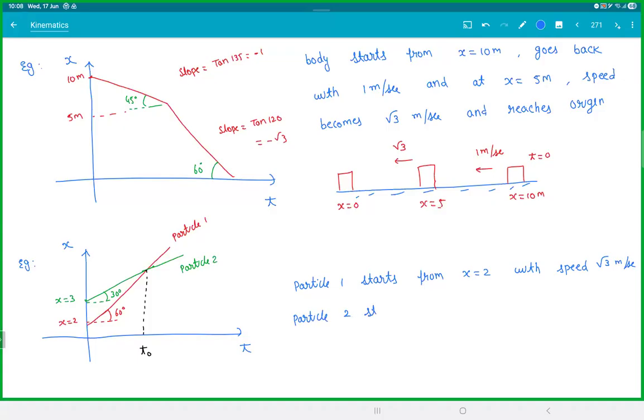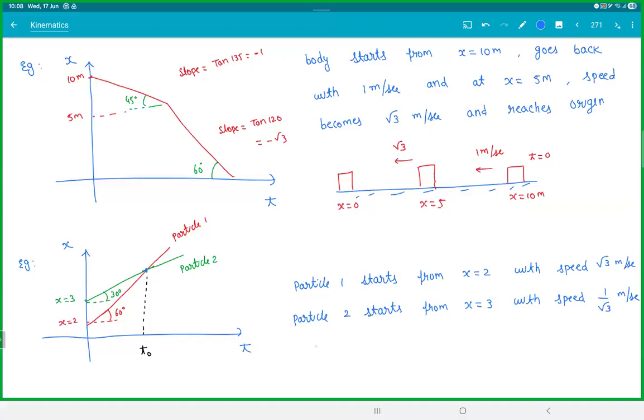Particle 2 starts from x is equal to 3. Basically, 2 is ahead of the first particle, but the speed is less. It's 1 by root 3, tan 30. That means the guy behind you is definitely going to cross you, and it happens.